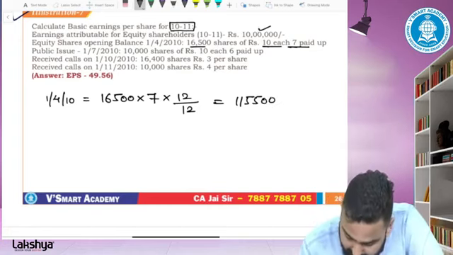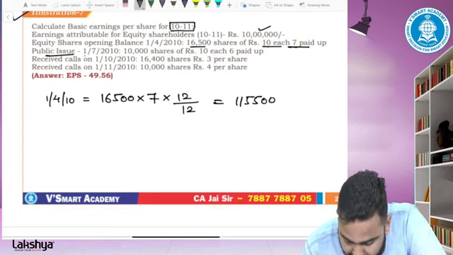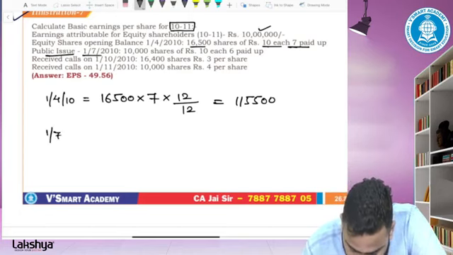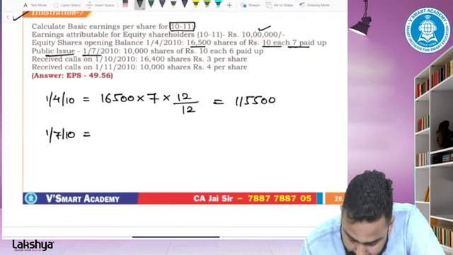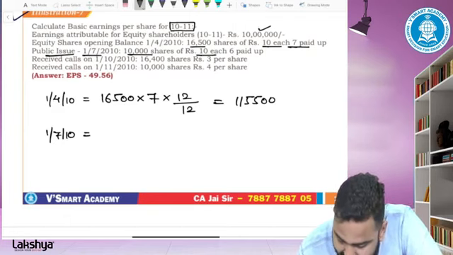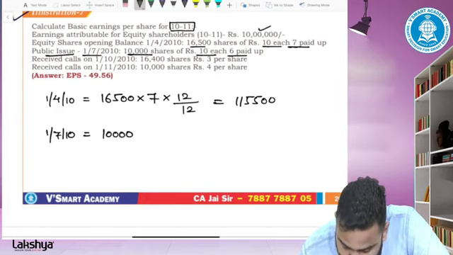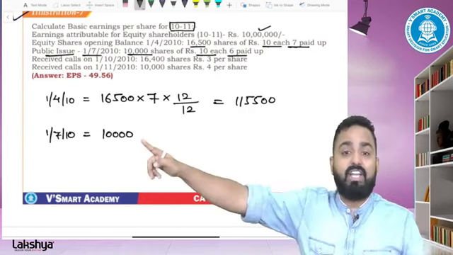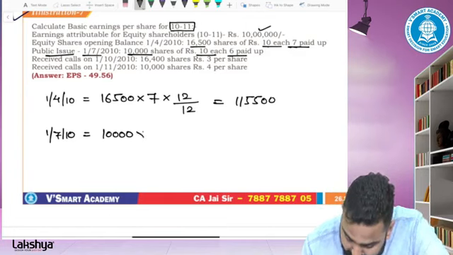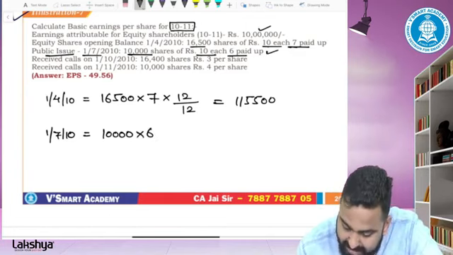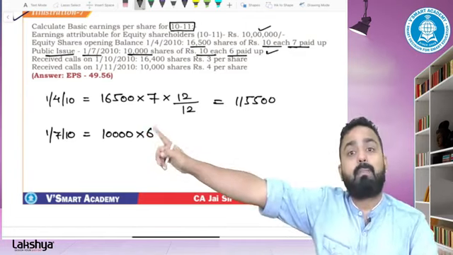Now, public issue on 1-7, 10,000 shares of 10 each, 6 paid up. So we issued 10,000 shares, but again these shares are partly paid, so we multiplied it by 6 rupees because 6 is paid up, so it becomes an amount of capital.